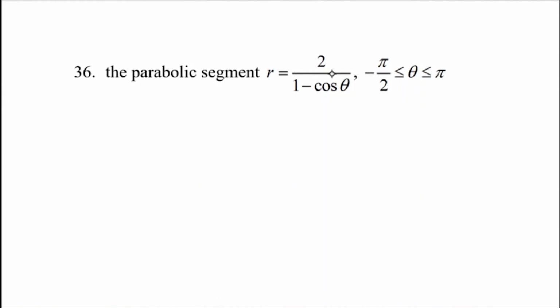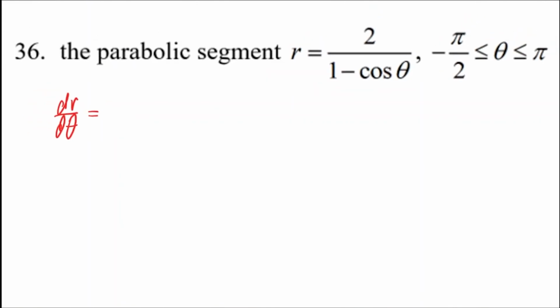So once again, looking at it as a -1 power, the r prime of theta, I'm going to zoom in a little bit, is equal to 2, -2, and then this becomes a -2 power. And the chain rule of this thingy is just sine theta now. Correct? Say yes.